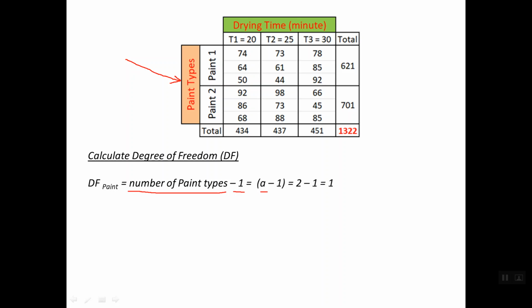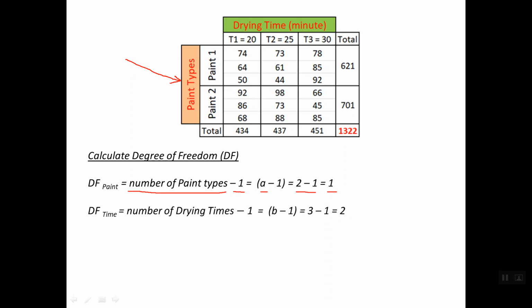The number of paints, which are the levels for this factor, is a, which is 2, minus 1. So 2 minus 1 is equal to 1. So this is the degree of freedom for the paint, the first factor.